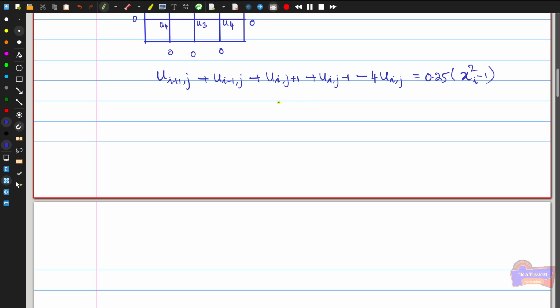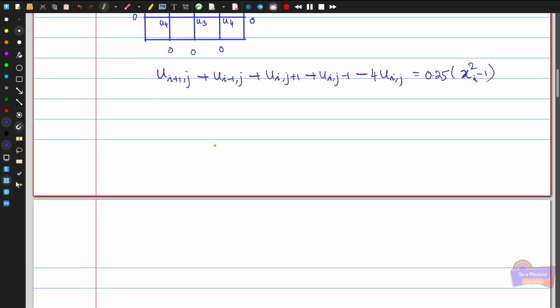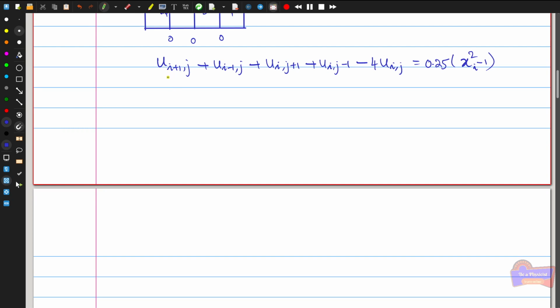Using this formula, you can find the set of algebraic equations. If you substitute the values of i and j here, you can solve this as a system of algebraic equations. Therefore, at u1, that means at the point 0, 0, I can substitute the values into this equation.